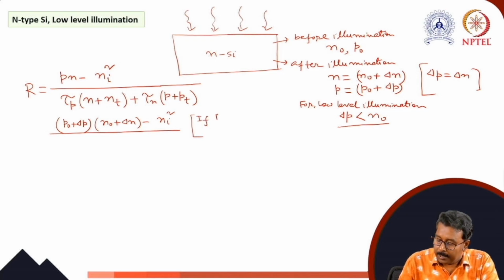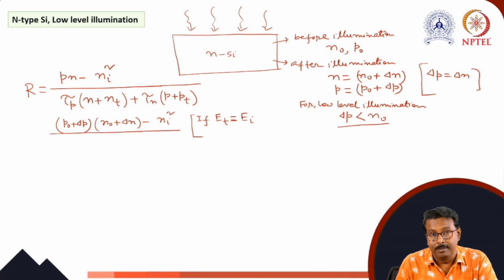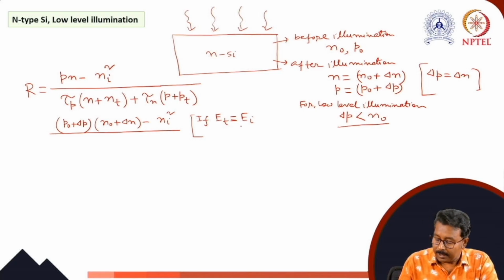If Et is equal to Ei, say, suppose the trap state is exactly at the middle, coinciding with the intrinsic Fermi level Ei. If Et is equal to Ei, so tau P into N0 plus delta N plus Nt will be Ni.